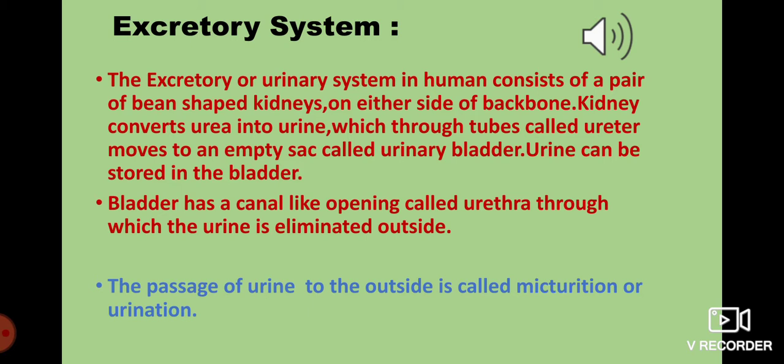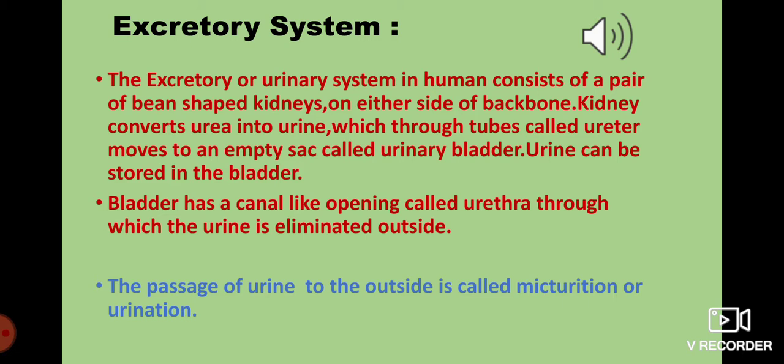As I told you in the last class, the main excretory product in humans is urea. And how is urea formed? When protein is broken down, ammonia is formed, and when that ammonia reacts with carbon dioxide in the liver, it forms urea.